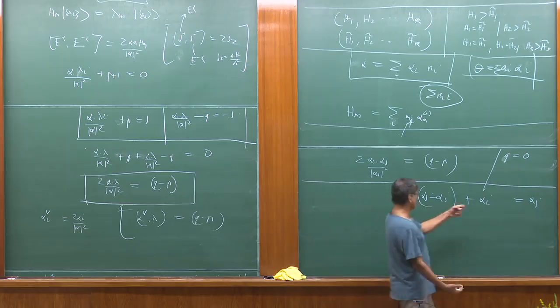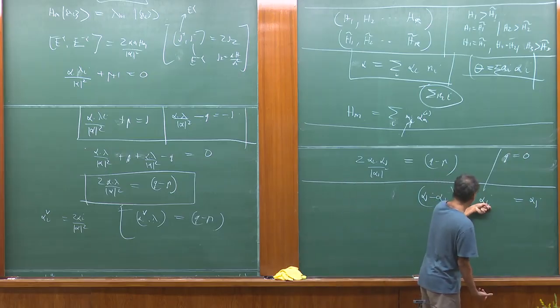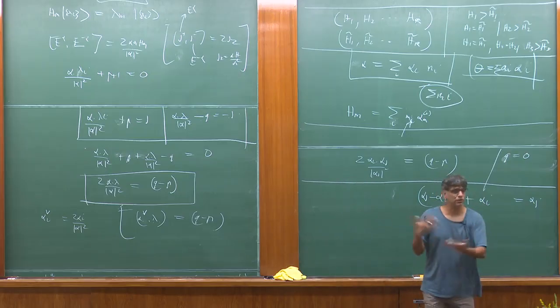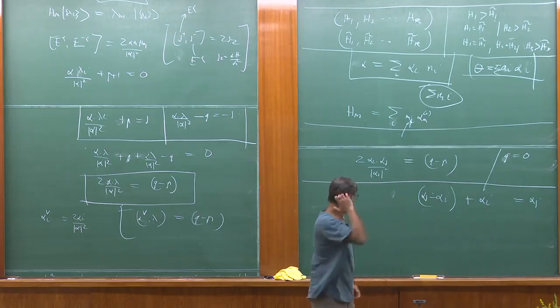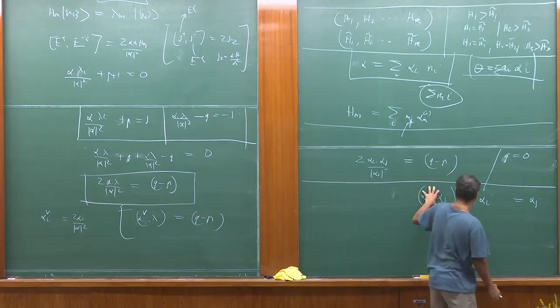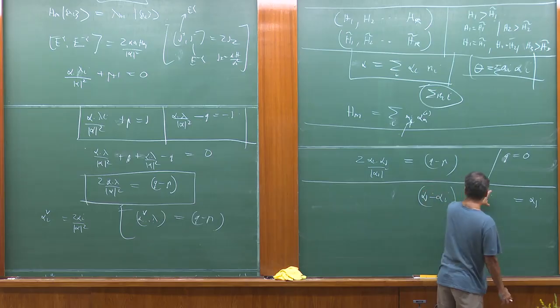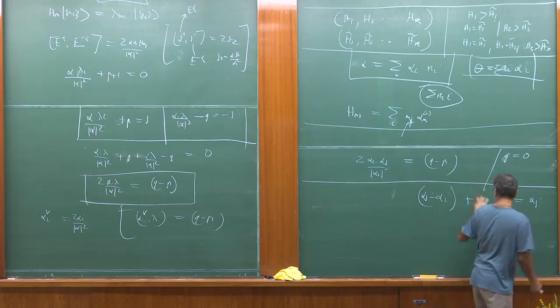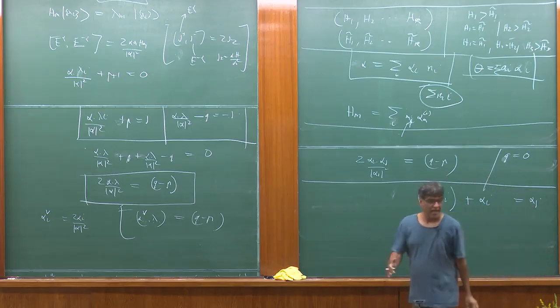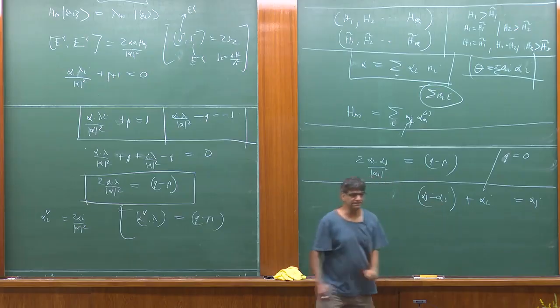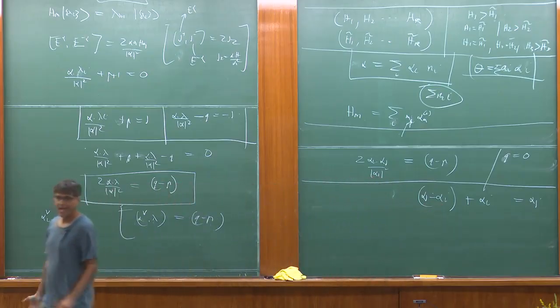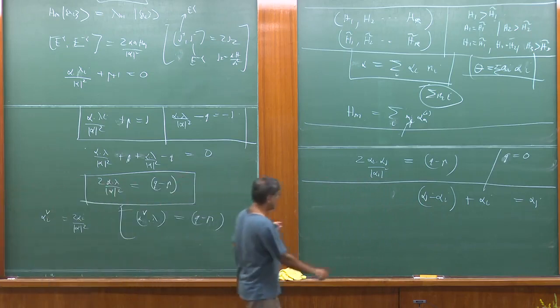But we have assumed that alpha i and alpha j are both simple roots. So if this plus alpha i is alpha j, and had this been a positive root, that would contradict that they were simple roots. Why is this?